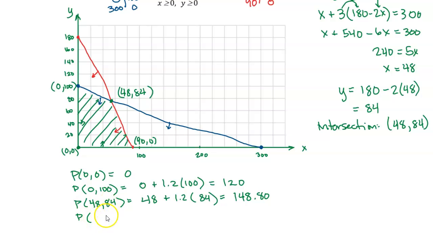So my last point to evaluate is 90, 0. If I plug that into my profit function, I get 90 plus 1.2 times 0, which gives me a profit of 90. Now we just pick the biggest one, and it appears that this is the biggest one right here. So this is our maximum.